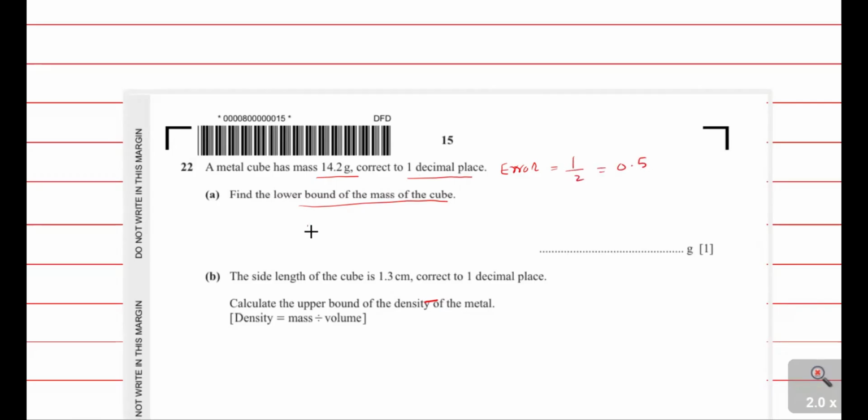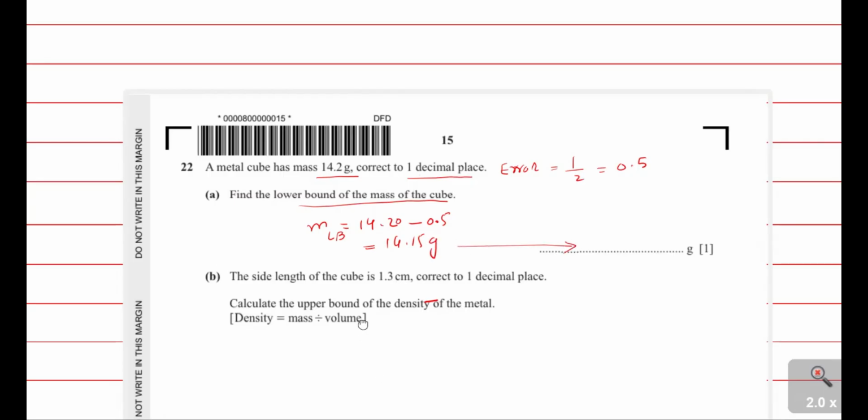The mass here is 14.2 gram and for the lower bound we write m lower bound equal to 14.2 minus 0.5. We subtract the error from the given value. This value will be equal to 14.15 gram. This is the answer.